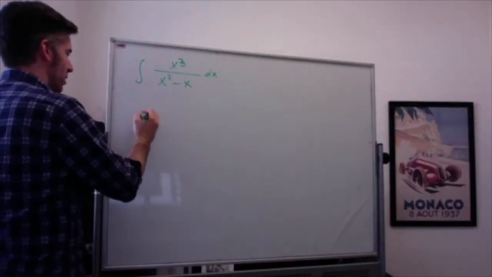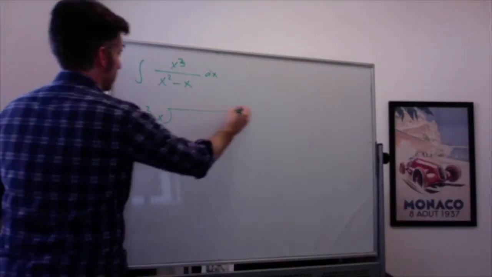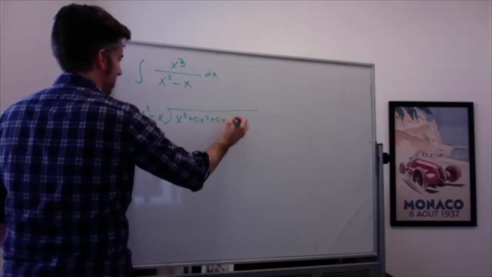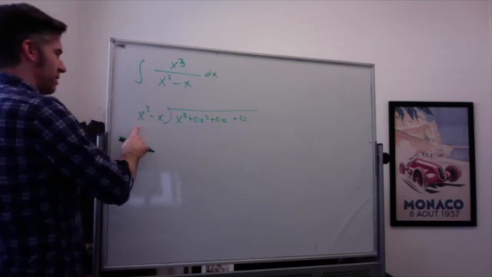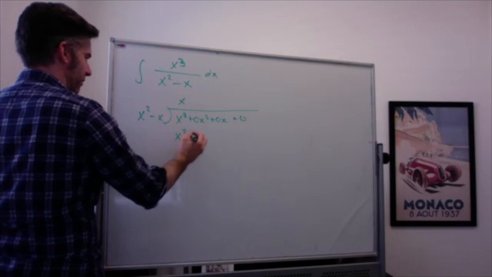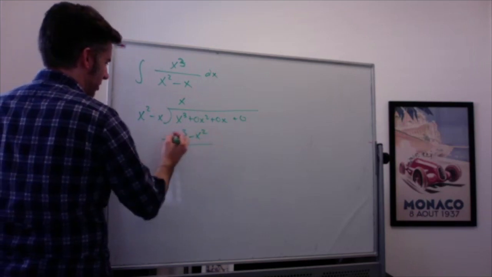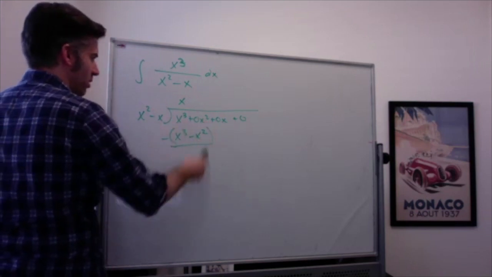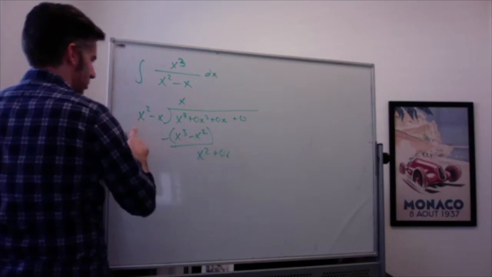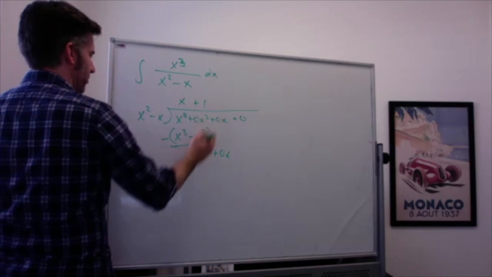So x squared minus x into x cubed plus 0x squared plus 0x plus 0. Multiply this by x. x times x squared is x cubed, x times negative x is negative x squared. Subtract. 0, 0 minus negative 1 is 1. 1 times x squared is x squared.